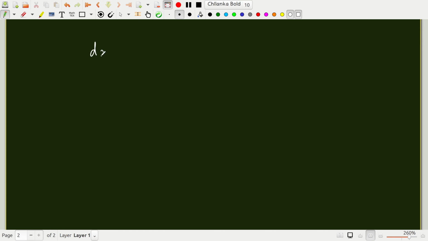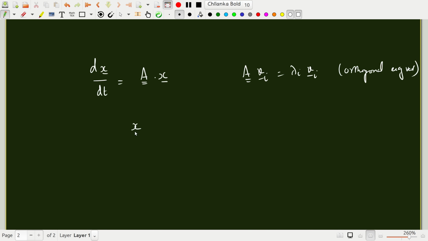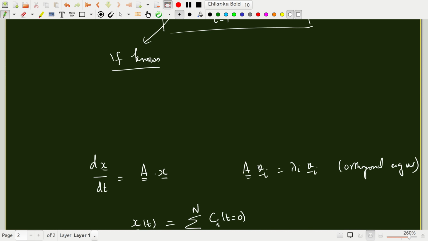Okay, so this is the general solution. So if I have a linear system of coupled ordinary differential equations where the eigenvalue problem for the matrix A is given, and we have assumed orthogonal eigenvectors, then what you found is that the solution x of t is nothing but the summation of Ci at time t equal to 0, okay, times e to the lambda i t.